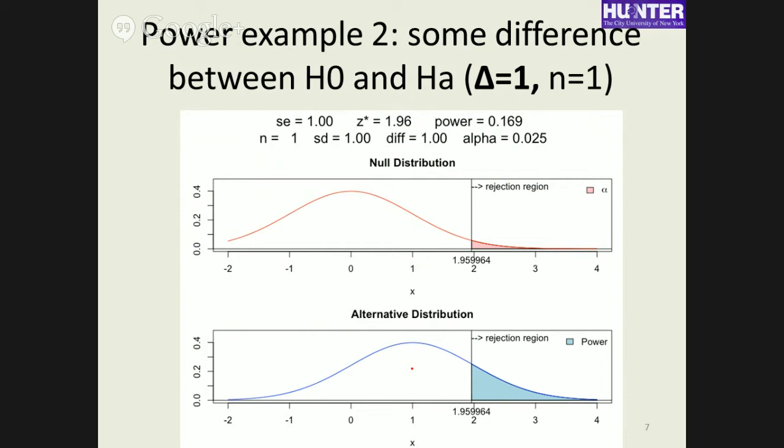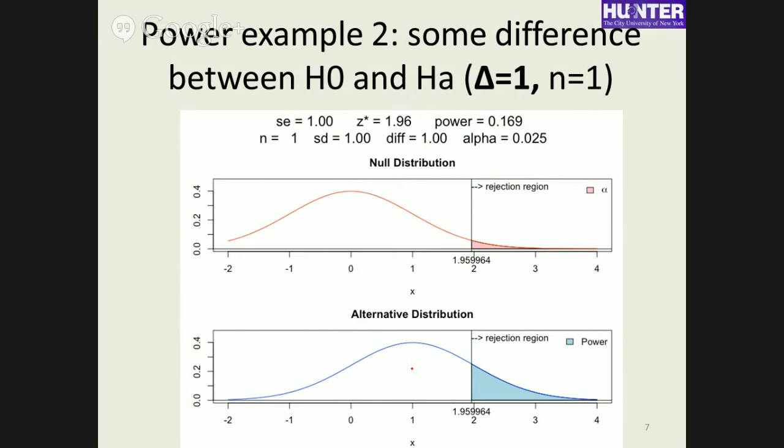That's your delta? Yeah, so delta is a key quantity in power calculation. It's for a 2-sample test or for a 1-sample test. Delta is the difference in means between your null and your alternative hypothesis, so you can think of it as your effect size of interest.